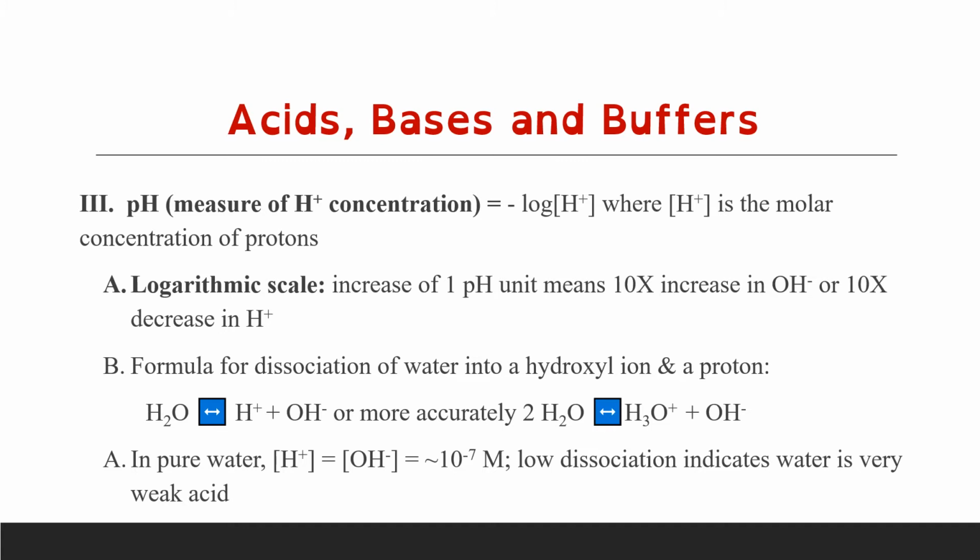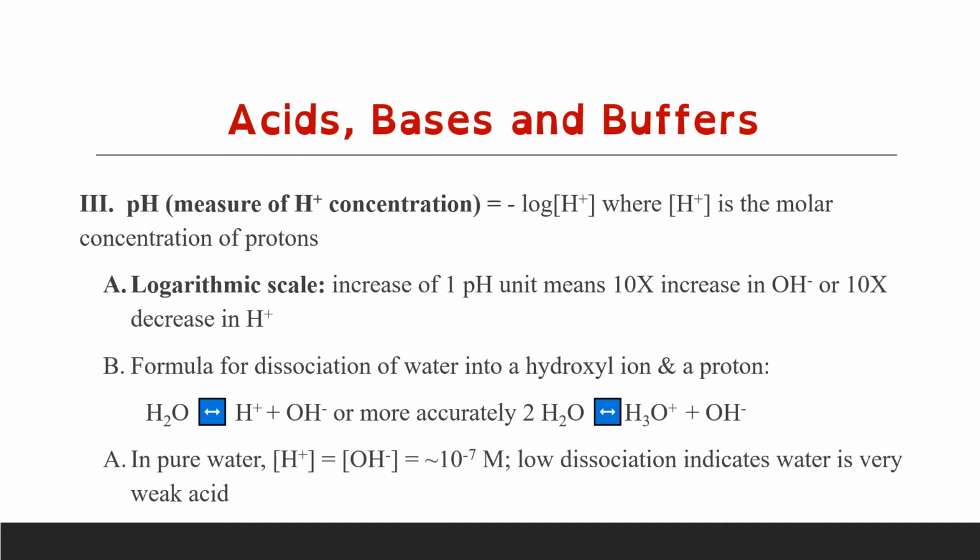The formula for dissociation of water into a hydroxide ion and a proton would be: 1 unit of water yields hydrogen plus hydroxide. Or more accurately, if there are 2 units of water, the yield would be hydronium plus hydroxide.